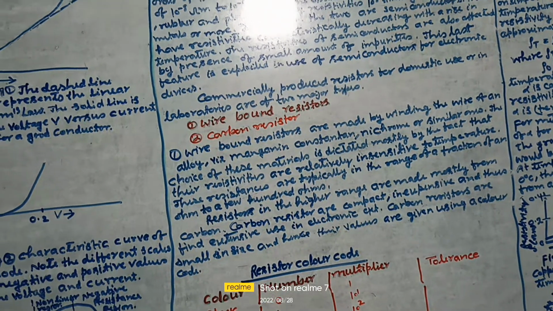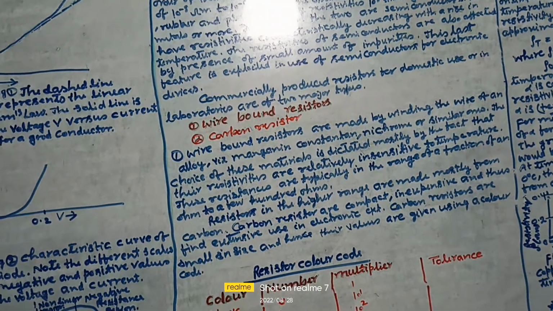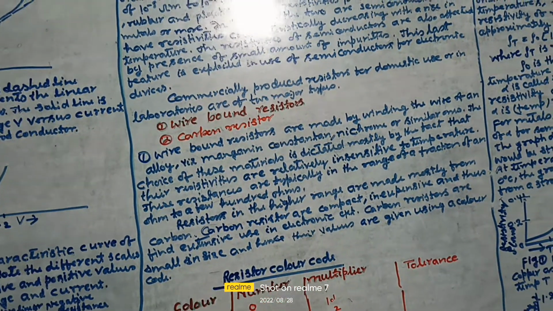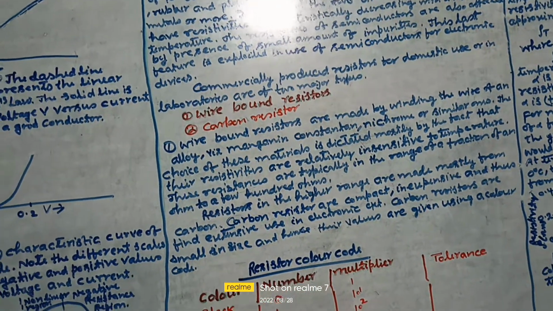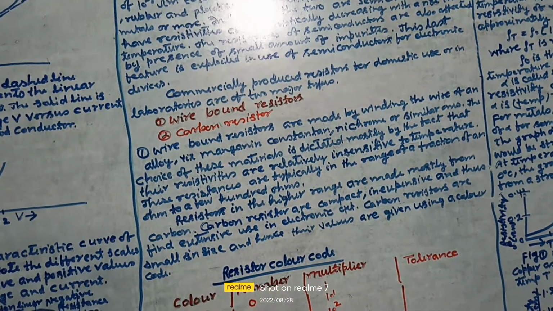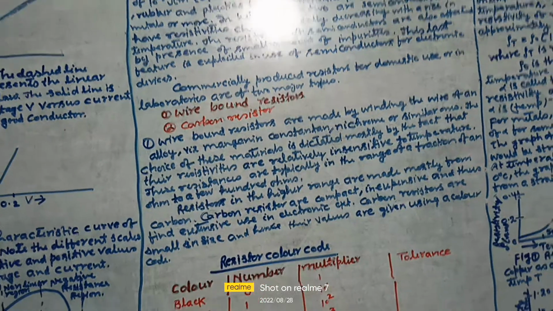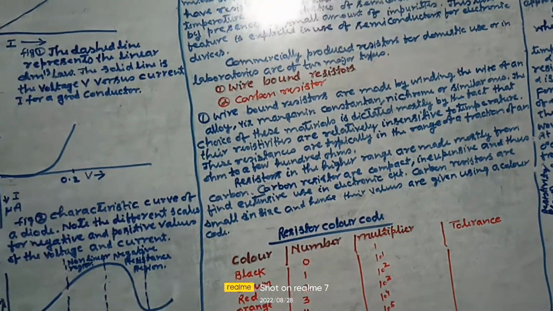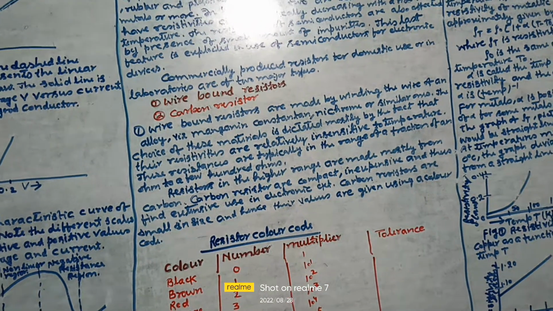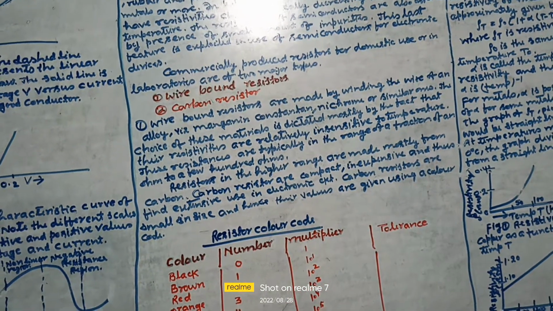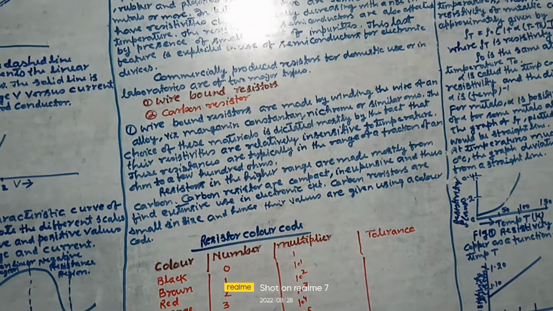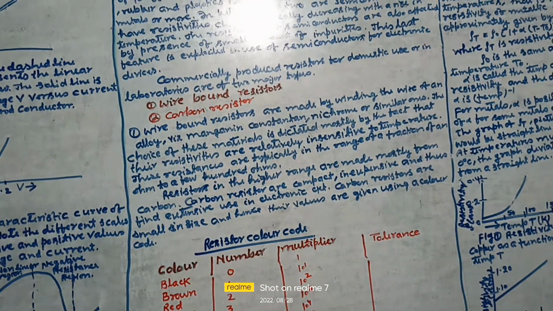The choice of these materials is dictated mostly by the fact that their resistivities are relatively insensitive to temperature. These resistances are typically in the range of a fraction of an ohm to a few hundred ohms. Resistors in the higher range are made mostly from carbon. Carbon resistors are compact, inexpensive and thus find extensive use in electronic circuits.